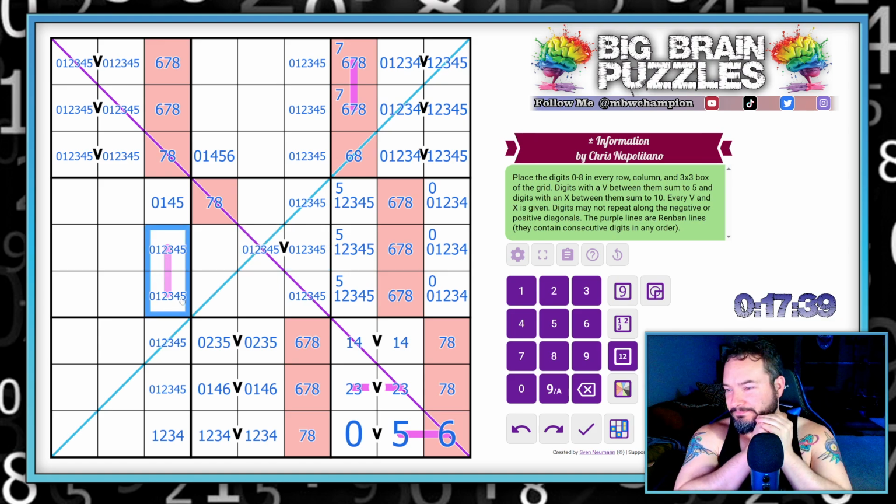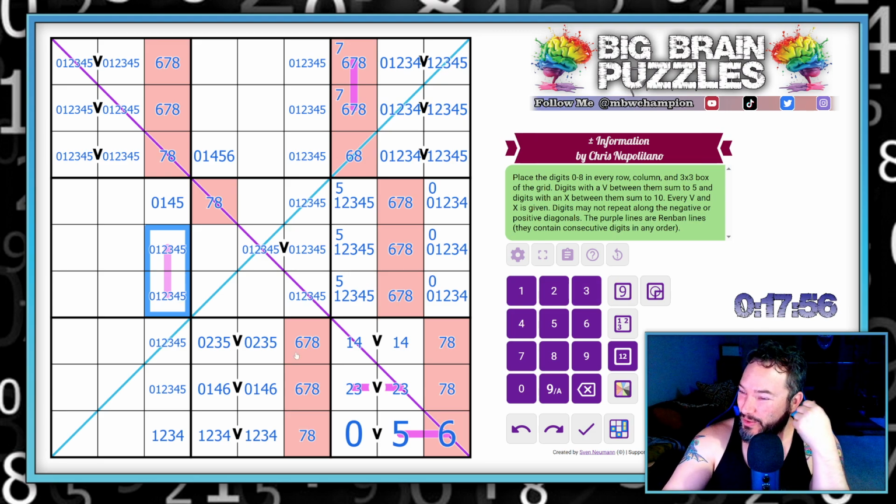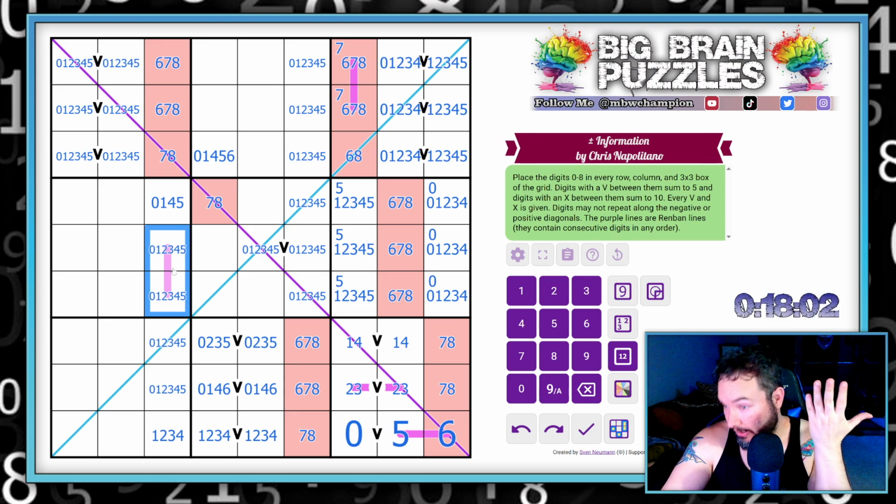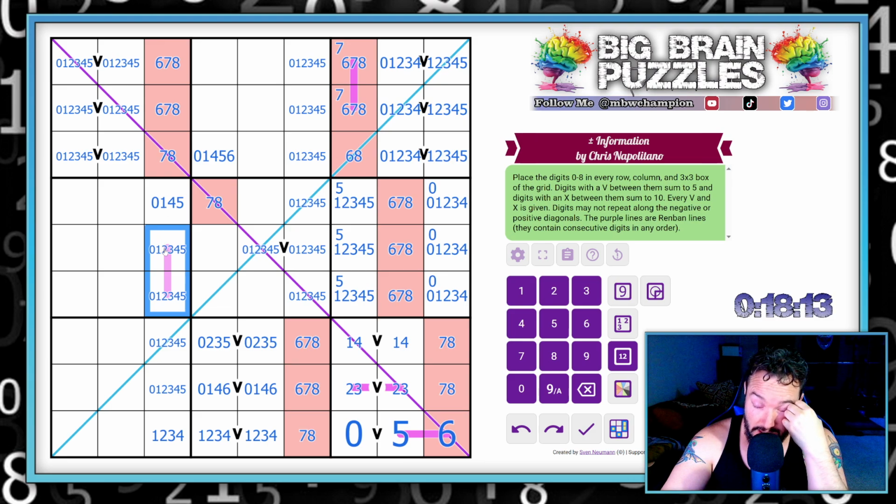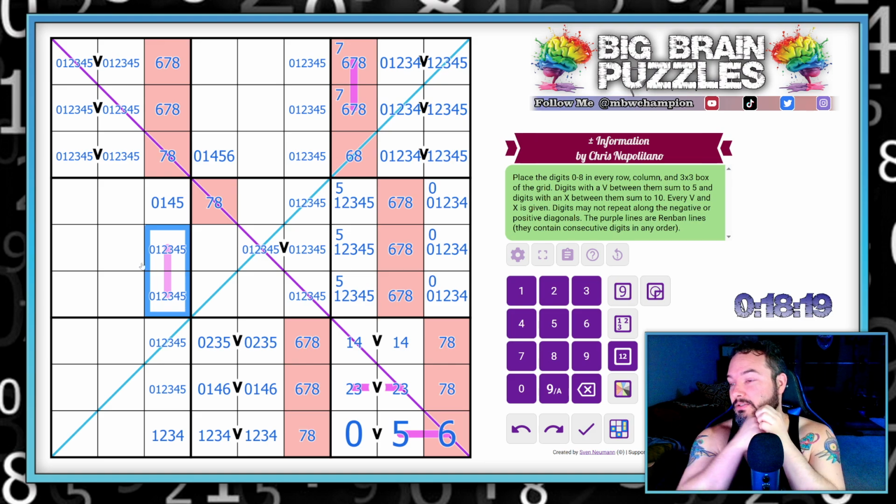You know what's interesting here? I just thought. I think I just worked it out in my head that this is not true. But what I was going to say was because this can't be a 2, 3 pair, that it has to be a 0, 1, or a 4 and a 5, but no, it could still be a 1 or a 2 or a 3 or a 4. So that doesn't work out.